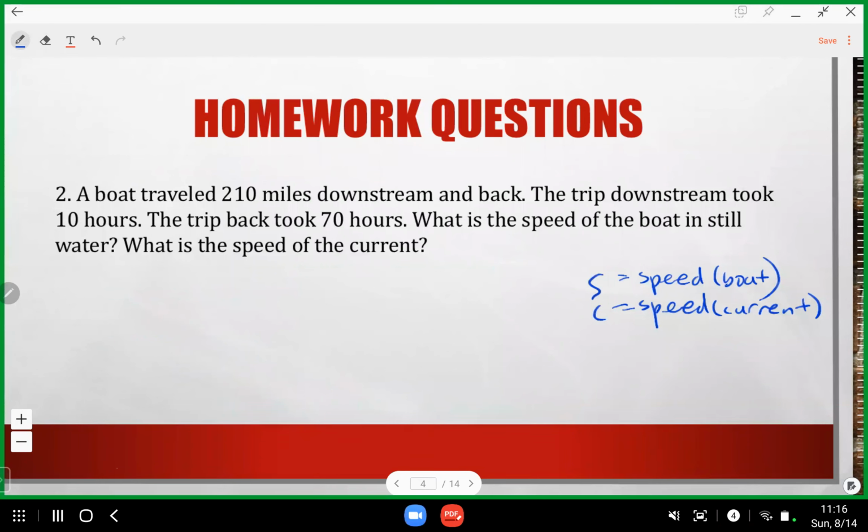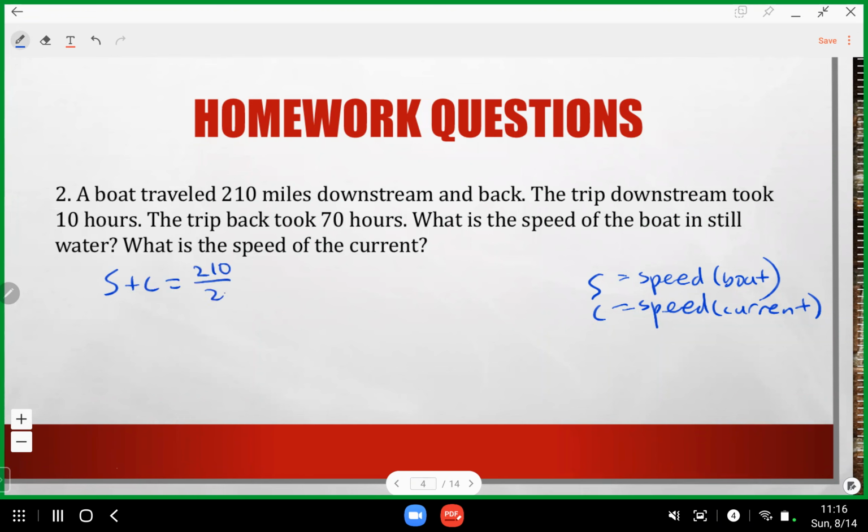speed of the boat going downstream is the speed of the boat plus the speed of the current, then S plus C has to be 210 over 2 divided by 10, which is basically 105 tenths.